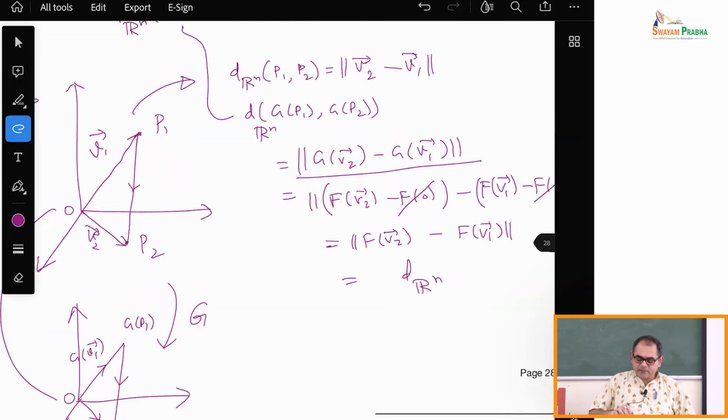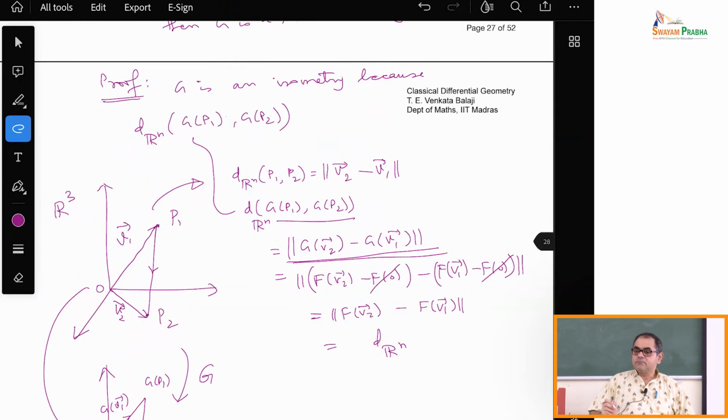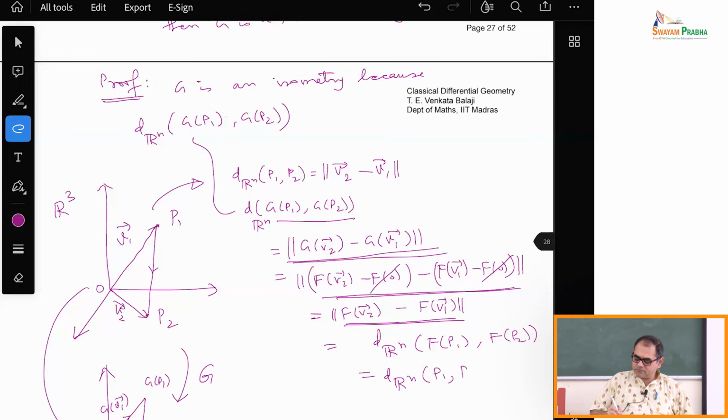All right, so if you calculate the distance between GP1 and GP2, it is going to be this norm, and you just plug in this, okay, and you get this. But this is the same as distance in Rn of f of P1 and f of P2, okay, but then f is an isometry, so this is the same as distance in Rn between P1 and P2, and that is the end of the proof.